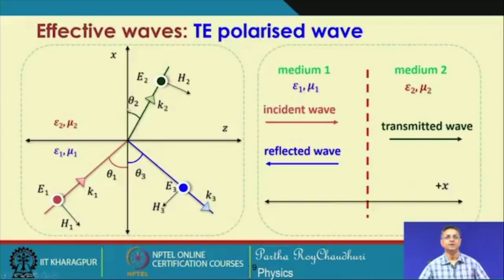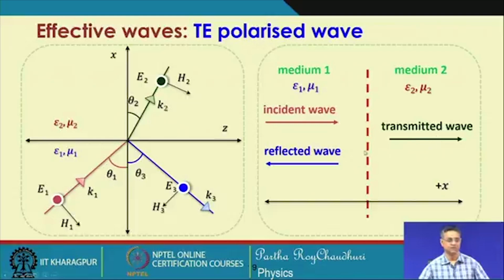Right. Now, the effective arrangement is like this: you have an incident wave which is effectively travelling along the x direction, the reflected wave is in the backward direction, because this is the interface which is perpendicular to this, and the transmitted wave is away from the interface.